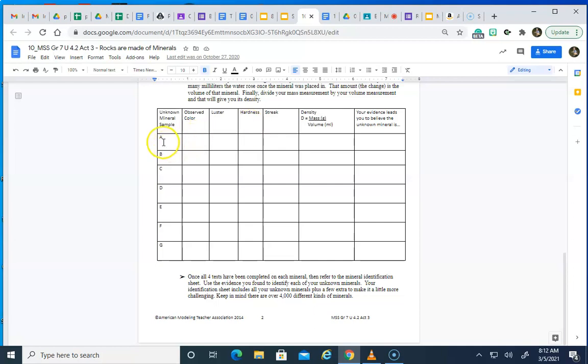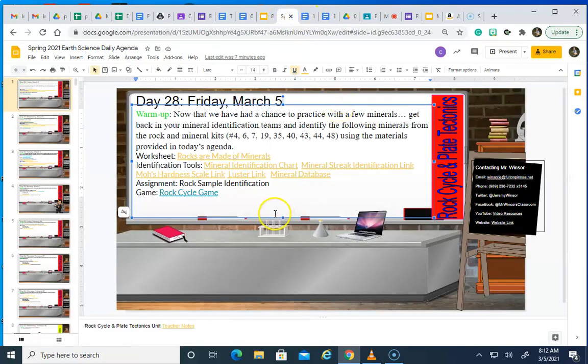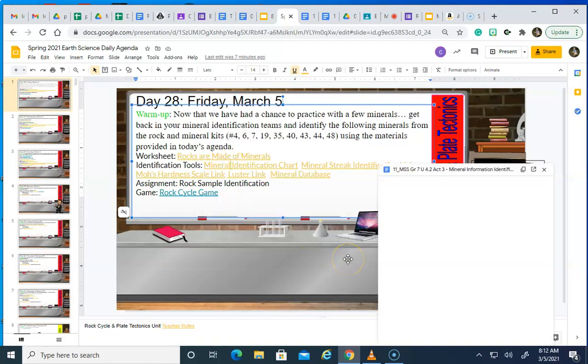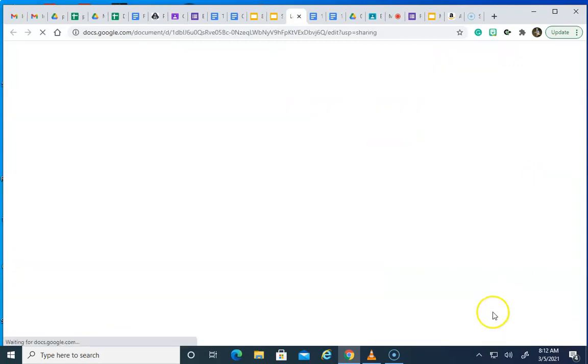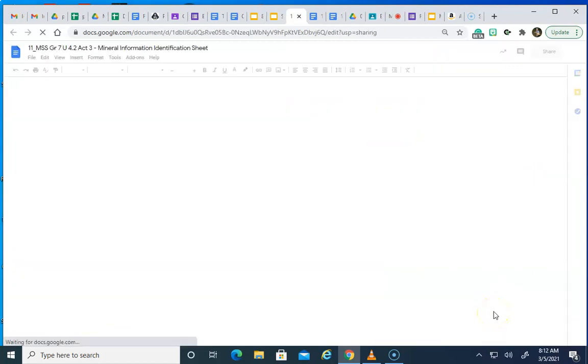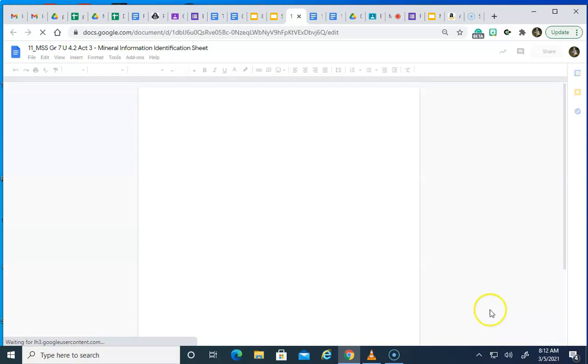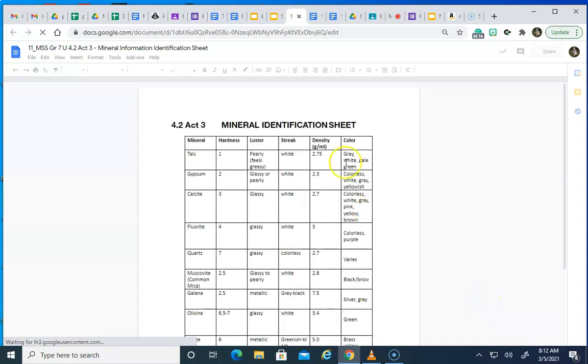So after you have done all of these things inside of this chart, I've got a number of other materials that may be helpful in your identification. There is a mineral identification chart. The mineral identification chart has a number of samples and what their color is, their streak is, their luster, their hardness, and their density.